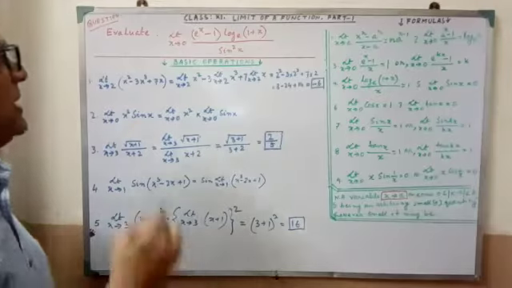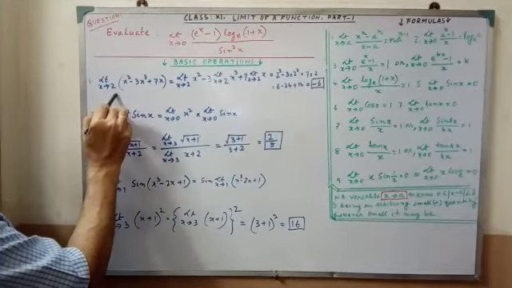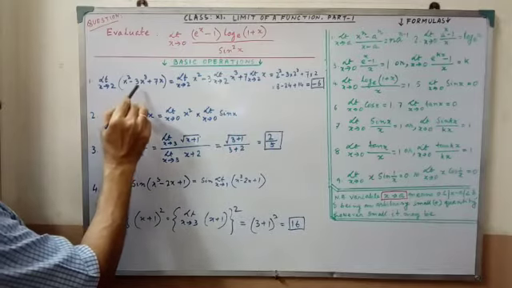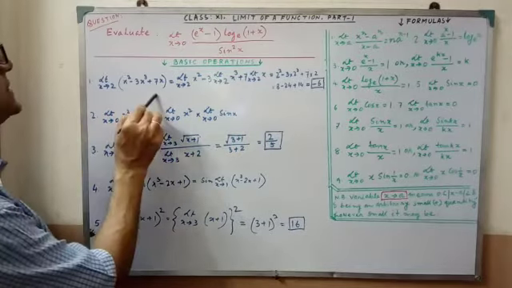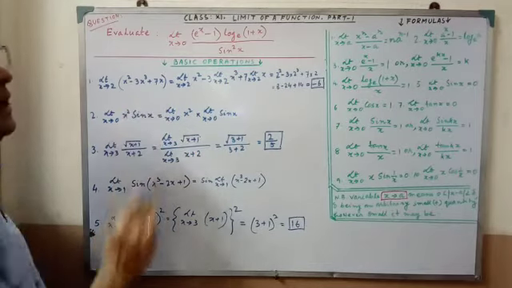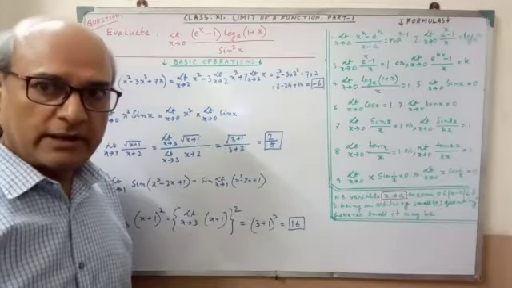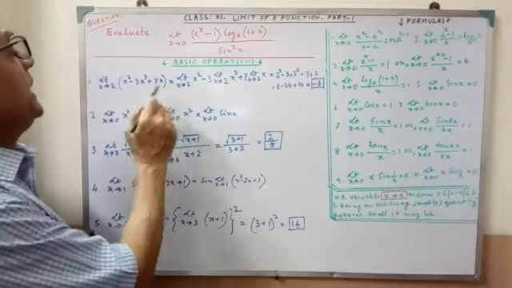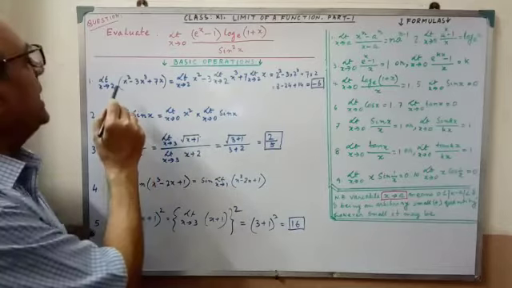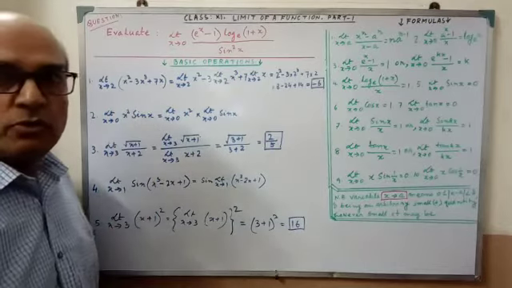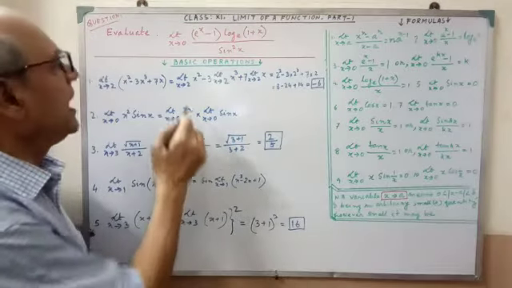See the basic operation. Limit x tends to a of x square minus 3x cube plus 7x. In this expression, you will get 3 information. Listen. In this expression, there are 3 terms. We may write the 3 terms separately. How?